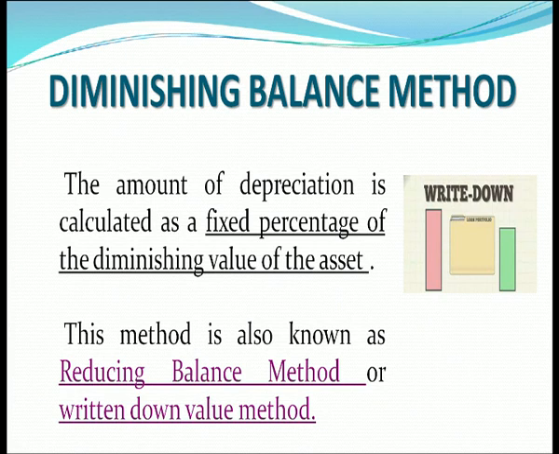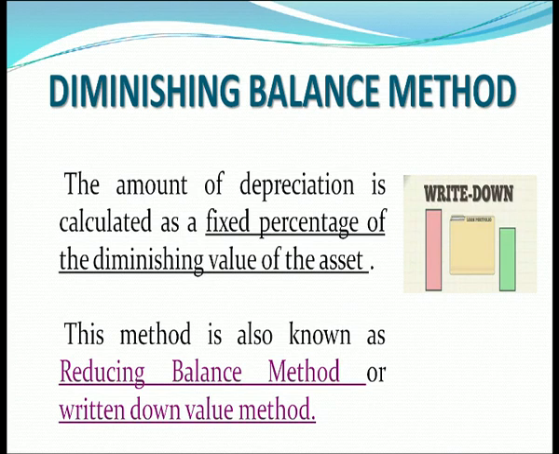The amount of depreciation under the diminishing balance method is calculated as a fixed percentage of the diminishing value of the asset. So, in SLM or straight line method, it is calculated on the original cost of the asset. So, it remains constant, whereas under this method the amount of depreciation is calculated as a fixed percentage of the diminishing value, the value which is there in the balance sheet or the book value of the asset.